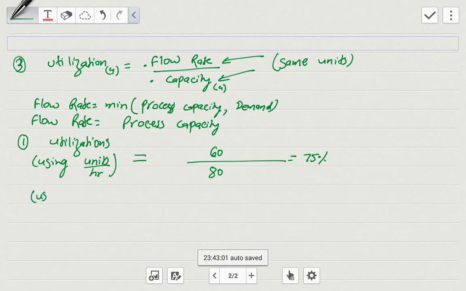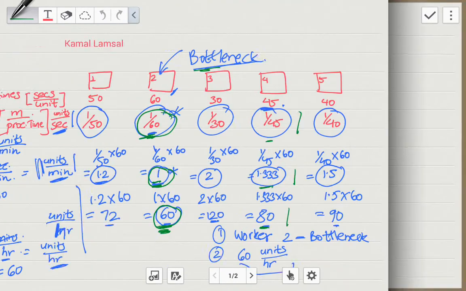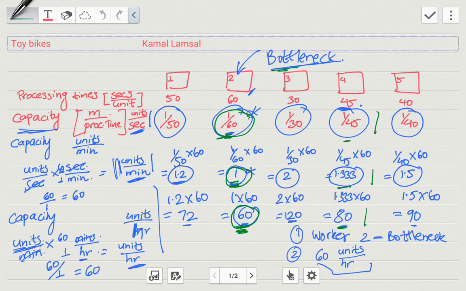Now using units per minute, we should get the same answer. Let's see if we do or not. We want to find out the capacity of station 4 and the processing capacity, or the flow rate of the process, in units per minute. Let's go back again.